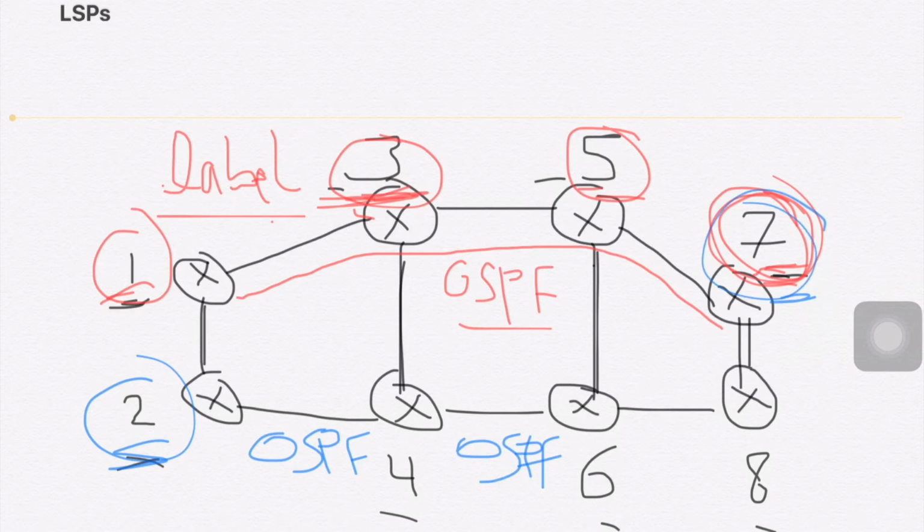The OSPF, for example, in this network topology, selected the best path to be from router 2 to router 4 to router 6 to router 5 and finally router 7. This should also be the LSP from router 2 to router 7.